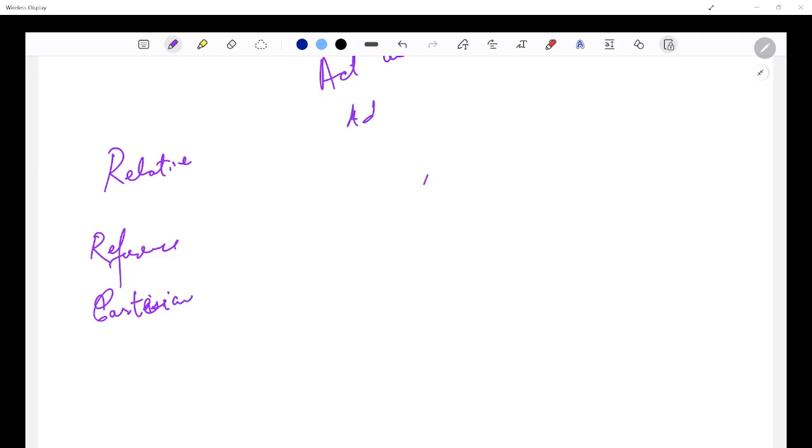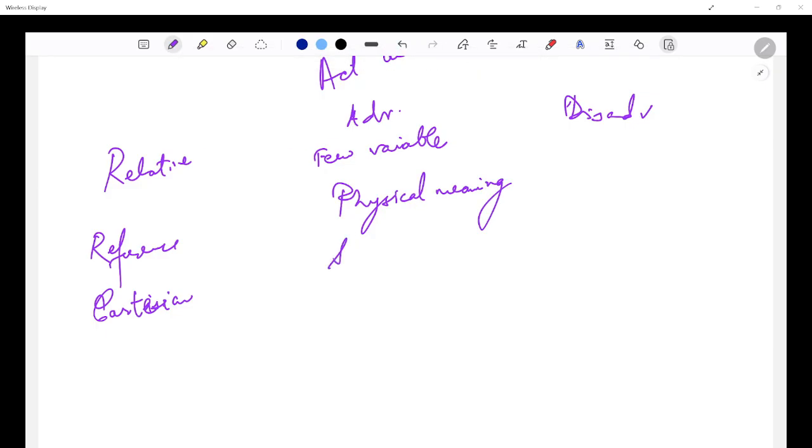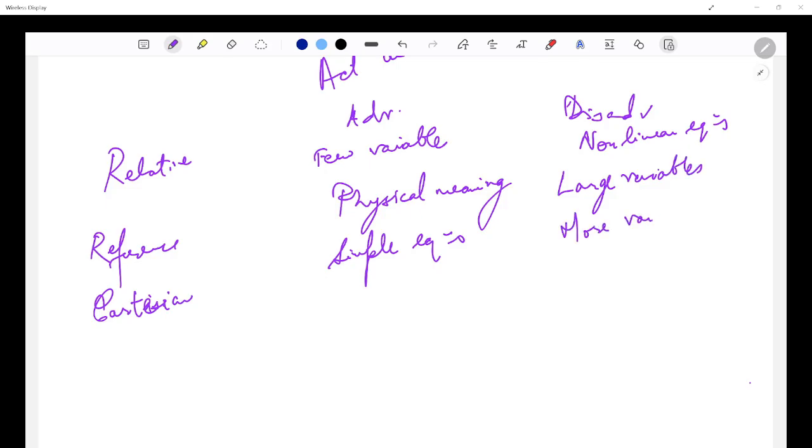What are the advantages and disadvantages of each of them? It has very few variables. It has physical meaning. It has simple equations. It has non-linear equations. It has large variables. And it has more variables.